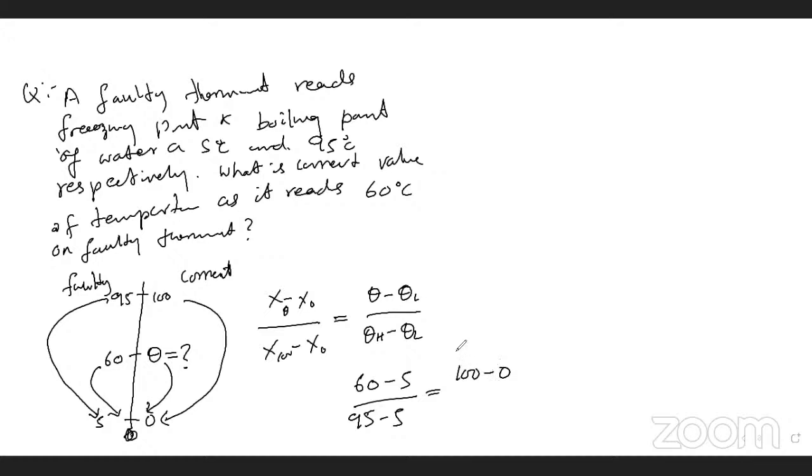So theta equals 55 over 90 multiplied by 100, which is 61.1.